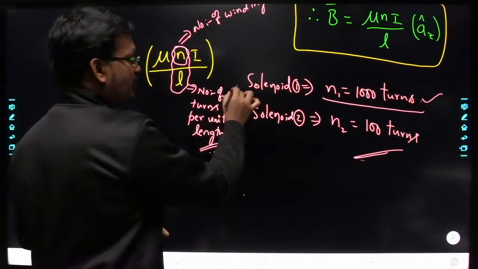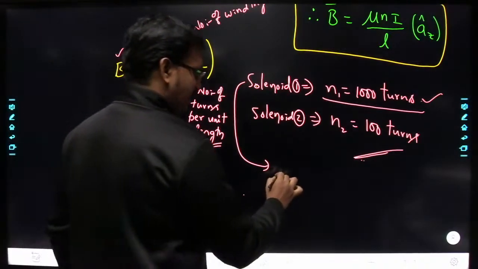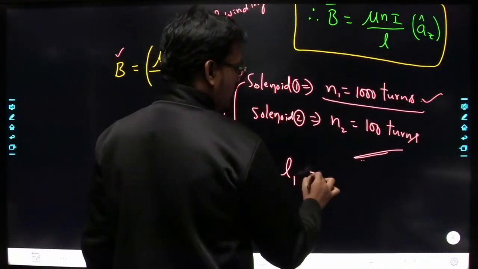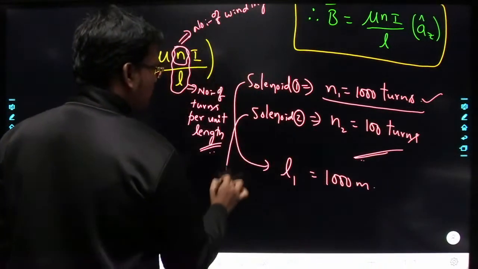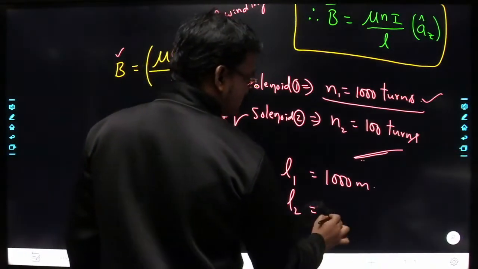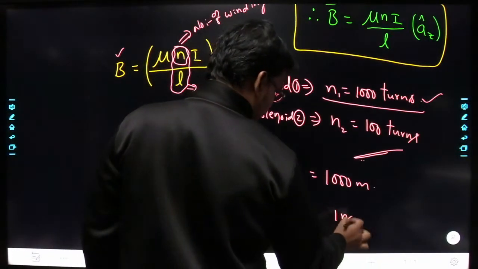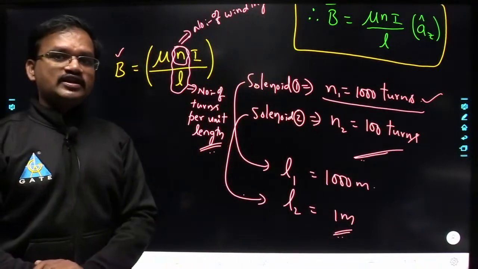See, for example, in the solenoid 1 case, if I consider the length of the solenoid as 1000 meters, and in the solenoid 2 case, if I consider the length of the solenoid as 1 meter. Then in which case is the B field going to be more?